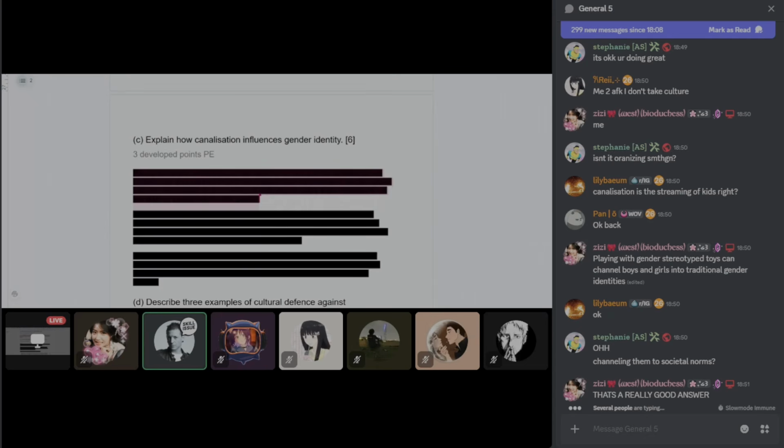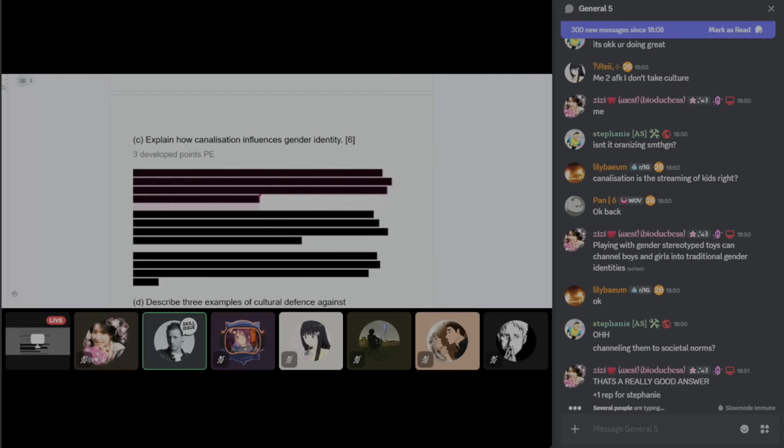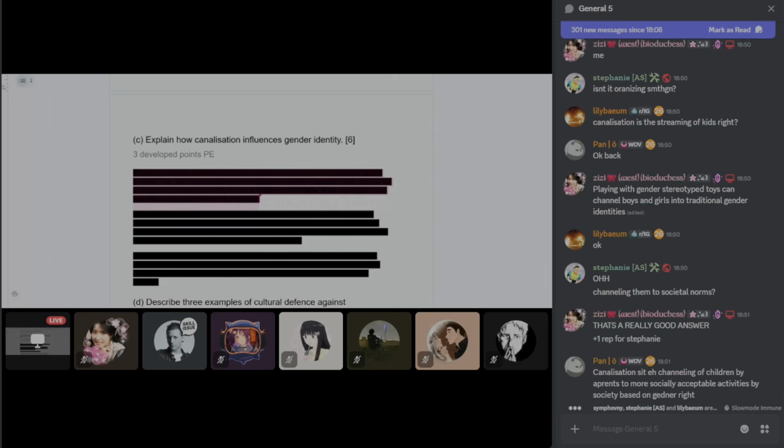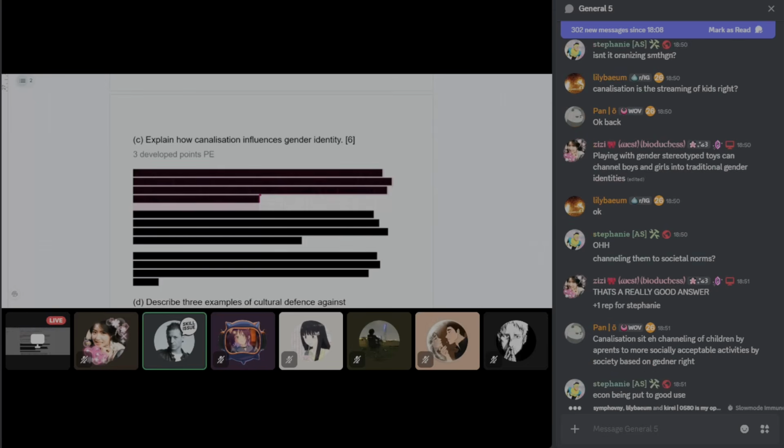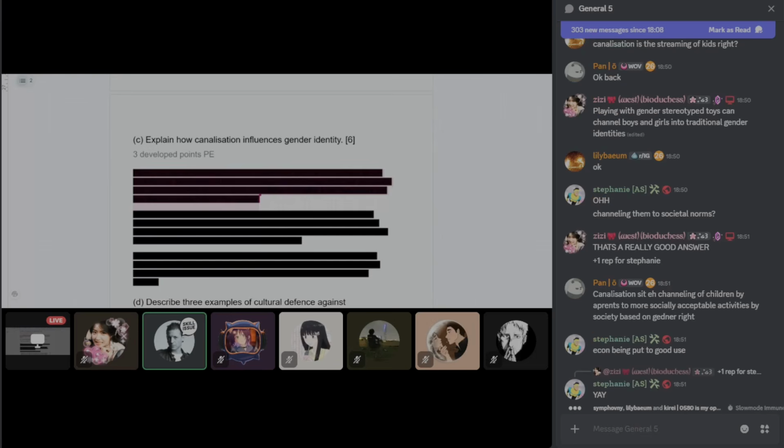Economics and sociology are actually quite similar, and that's why people take them together in subject combos. So, yeah, that's one left for Stephanie. Canalization is the channeling of children by parents to more socially acceptable activities by society based on gender, right? Okay, good answer.